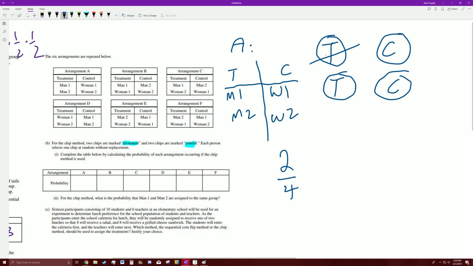Now man 2 is gonna go, and he's gonna select the second T. But now here's the thing: there's only 3 possible chips when he went. There was only 3 possible chips, and he chose the one where there was only 1 treatment. So there are now 3 possible chips.